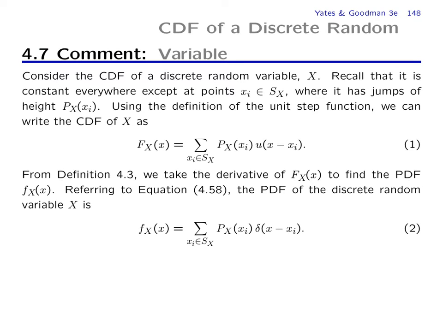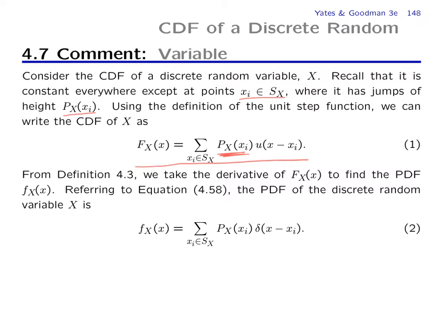In fact, what we did for that example of the discrete random variable that takes on the values 1, 2, and 3 can be generalized. So we can have an arbitrary discrete random variable, which at points xi takes on probability px of xi. And now we know that we can write the CDF as a sum of unit step functions weighted by the probabilities, right?